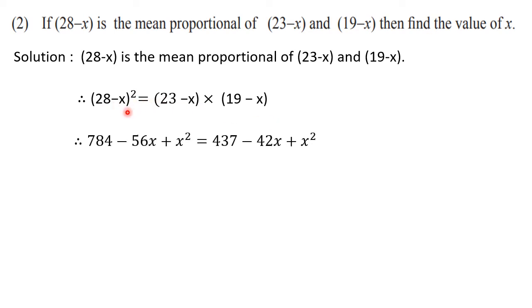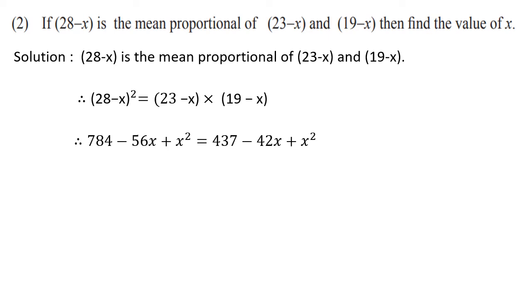Let's expand it. 28 square is 784 minus 56x plus x square is equal to 437, the multiplication of these two. Then minus 42x, 19 plus 23 is 42, as we have done in the previous sum. And minus x into minus x is x square.